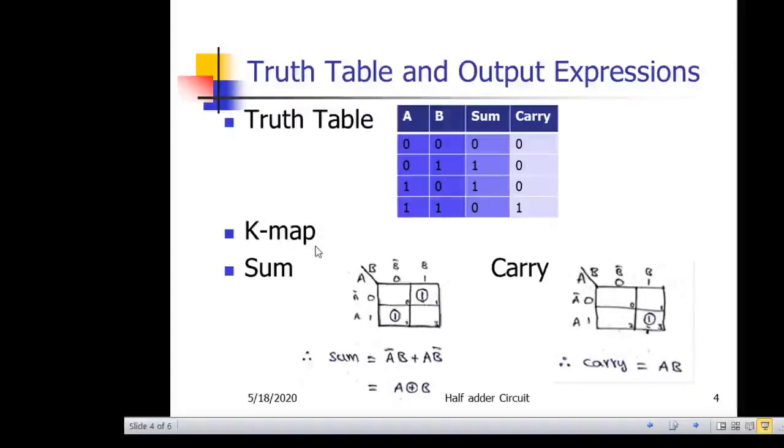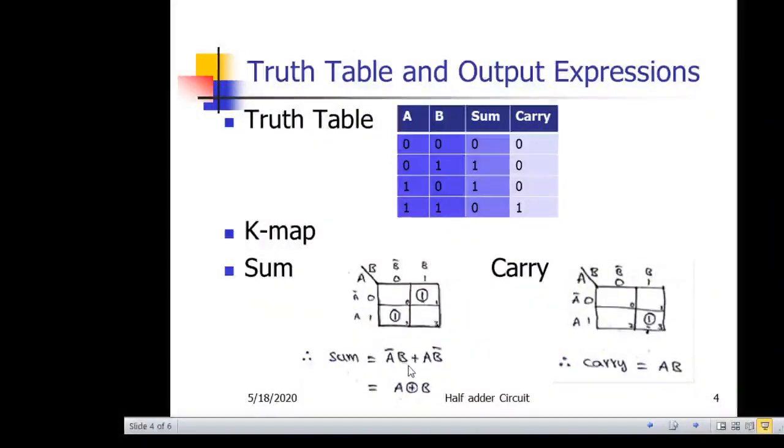Now I am taking the K-map for the sum. How many input variables are there for sum? Two input variables A and B. So we have to consider a two input variable K-map with all possible combinations of the inputs 0 0, 0 1, 1 0 and 1 1.